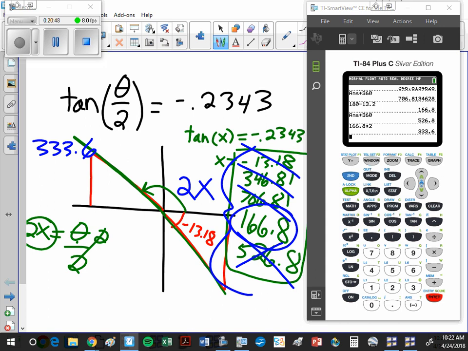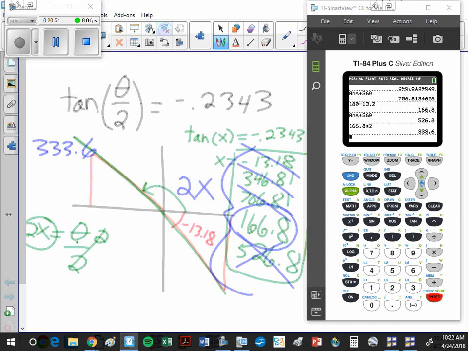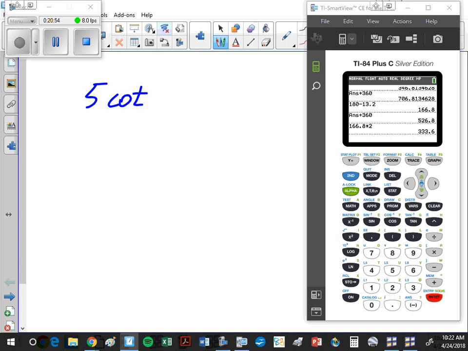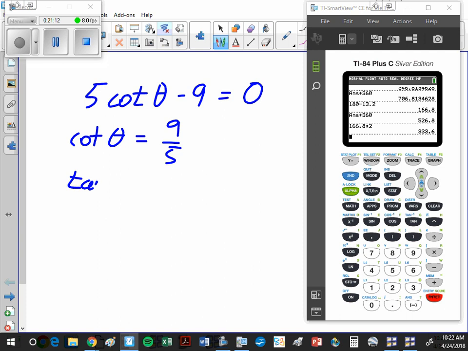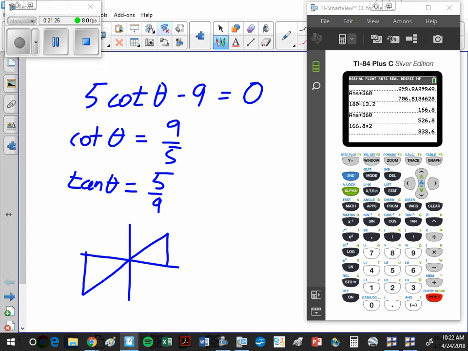Okay, 45. 5 cotangent of theta minus 9 equals 0. So the cotangent of theta is equal to 9 over 5. But we don't have a cotangent button, so the tangent of theta is 5 over 9. What quadrant is that in? It's in 1 or 3.